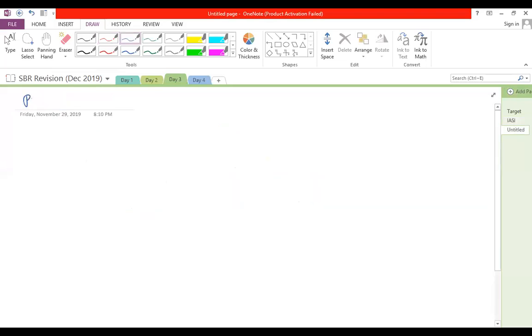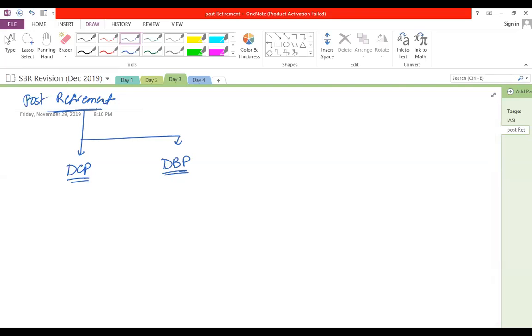So if we start from the post-retirement benefit, in post-retirement benefits we have 2 types of plans.